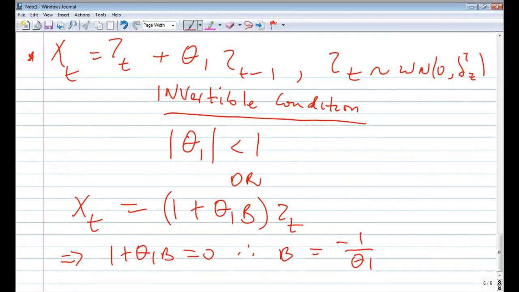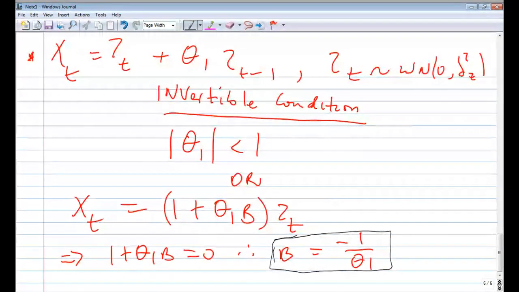Now the question is, is this value for b outside a unit circle or not? After doing this, we check whether this value is outside a unit circle. If that value is outside a unit circle, therefore the process xt is invertible. So the question is, what is the unit circle?